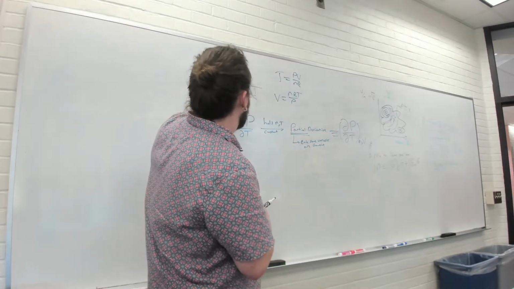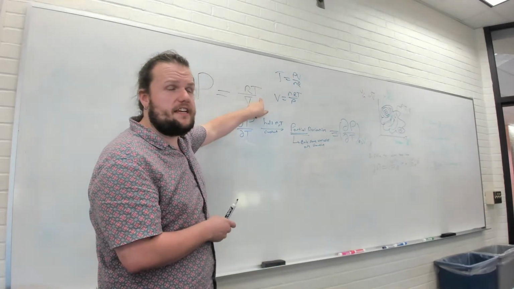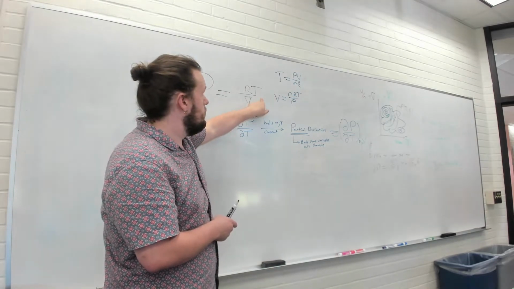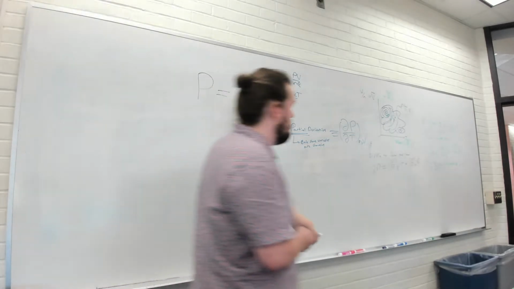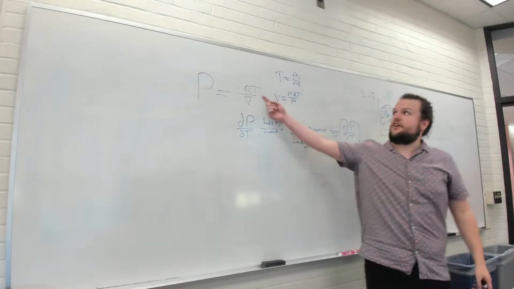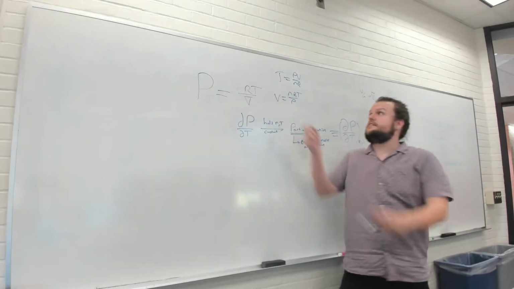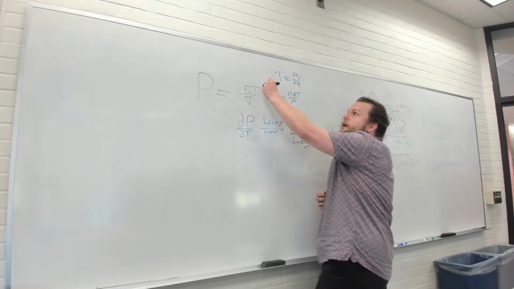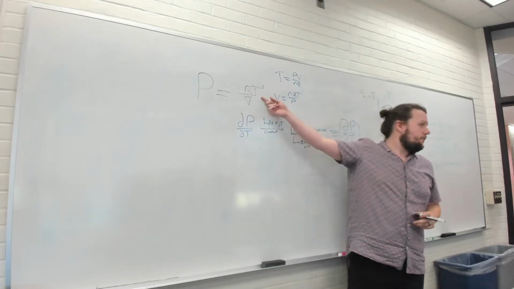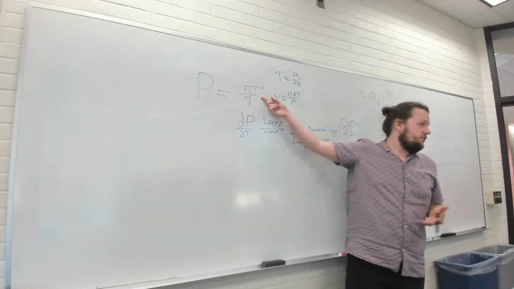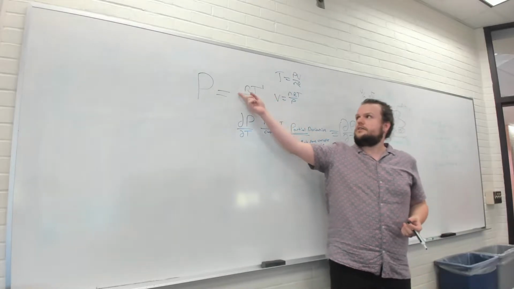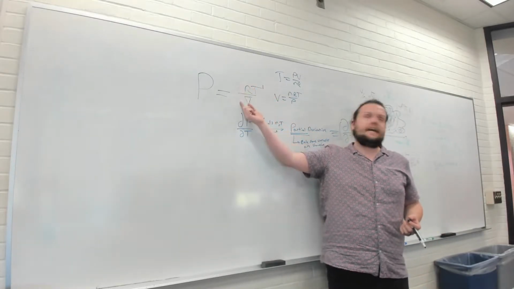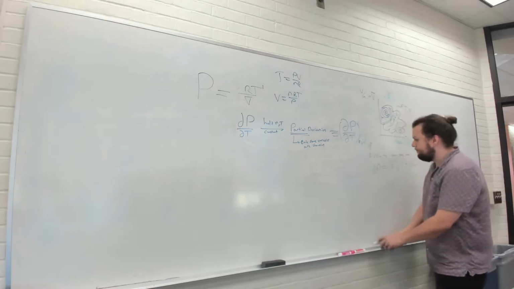So what's the derivative of RT over V bar with respect to T? It's R over V bar, because this is a function that's linear in T. This is T to the first power, a linear polynomial, and the derivative of a linear function is just a constant. You're just left with the coefficient on the outside, which is R over V bar.